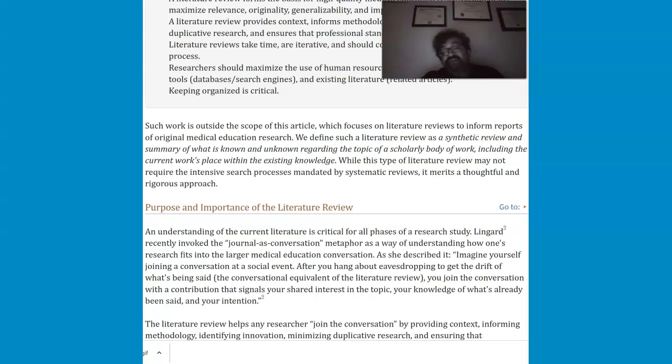But what I was stunned at seeing is the fact that within the context of specific journals, there are actually style requirements for that specific journal, and it doesn't apply to any other journal. And that was striking to me.